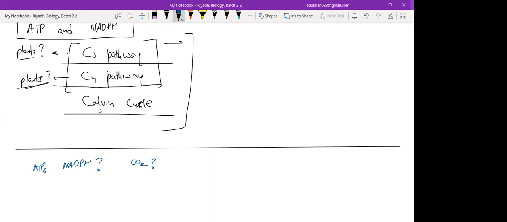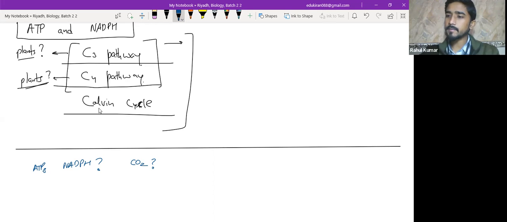Yes, a 3-carbon acid. C3 acid basically means an acid with 3 carbons. We call it C3 pathway because what you said is the definition of it, that the first product of the reduction of CO2, first stable product, has to be a 3 carbon acid, right? So that's a C3 pathway.